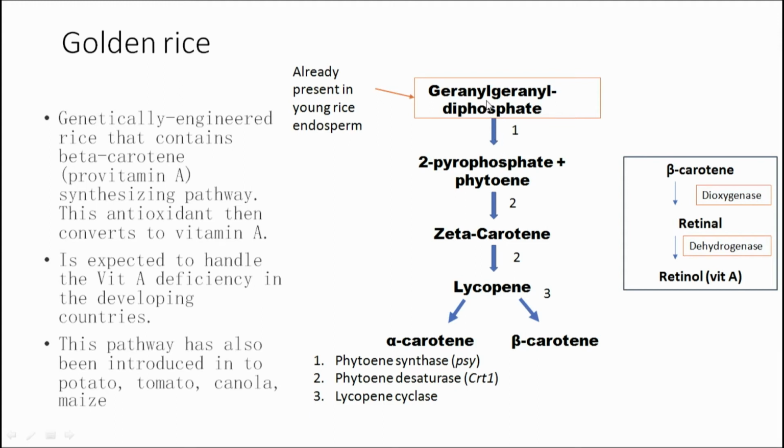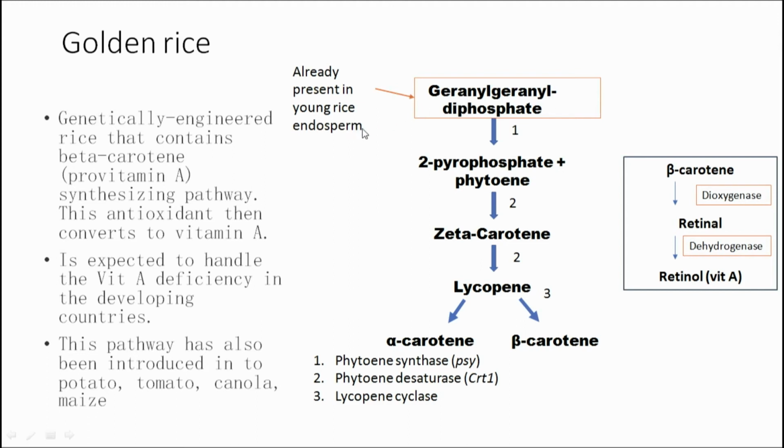The first compound listed here is geranyl diphosphate, and this molecule is already present in the young rice endosperm. If you open the rice, or any other kind of dal for instance, within the endosperm, which acts as a storage, you find this. Similarly, this particular molecule is already present in the endosperm.